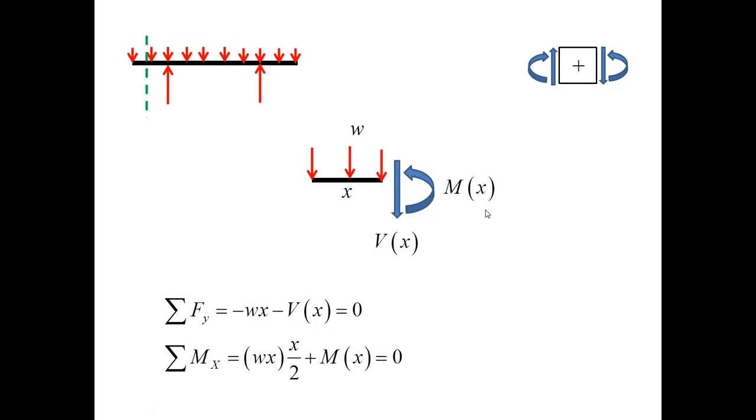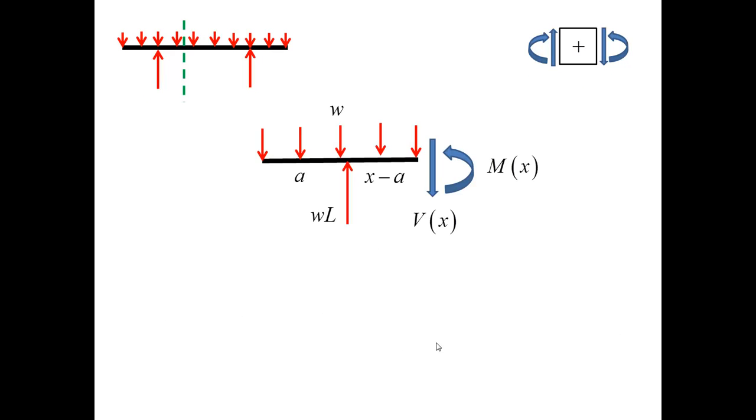The equilibrium equations involve the sum of forces in Y and the sum of moments about the cut point, which I denote by capital X, and the equations can be solved to give us the expressions for V and M.